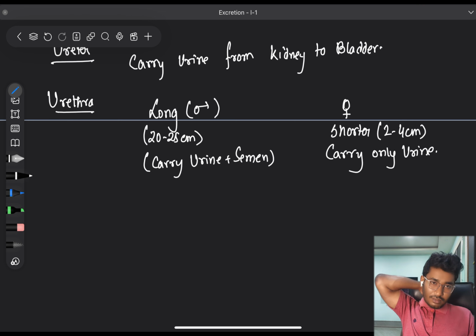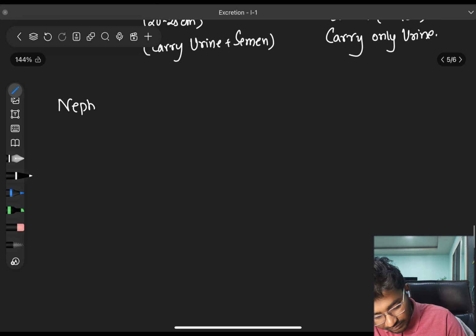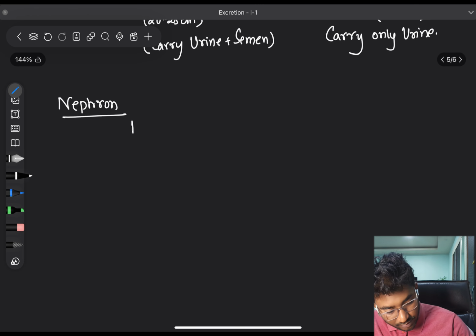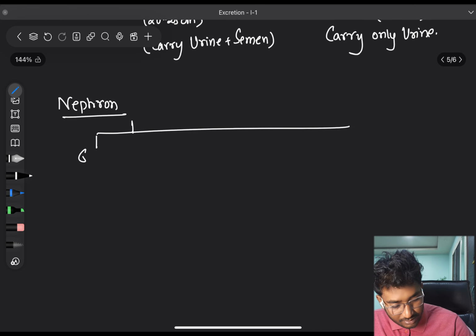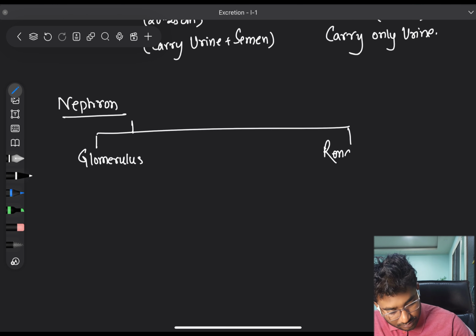Okay. So in the next part we are going to study the nephron. So nephron has two parts. One is the glomerulus, and another is the renal tubule.